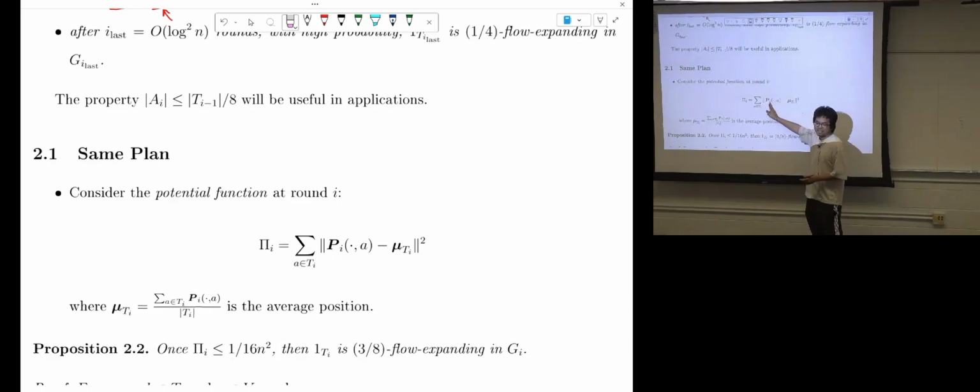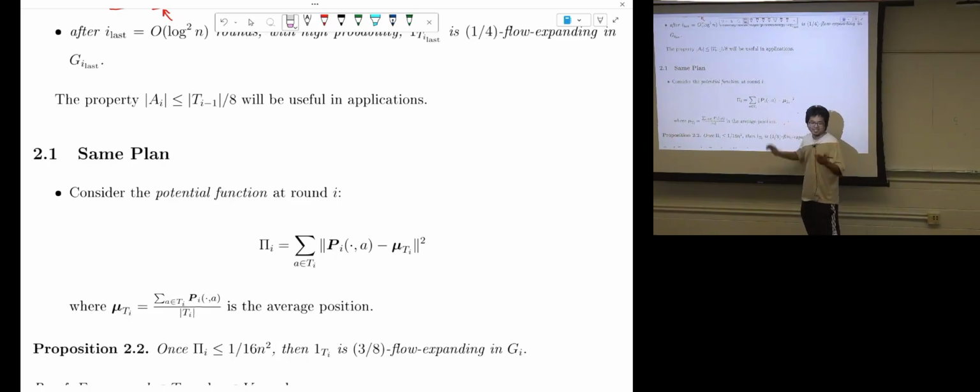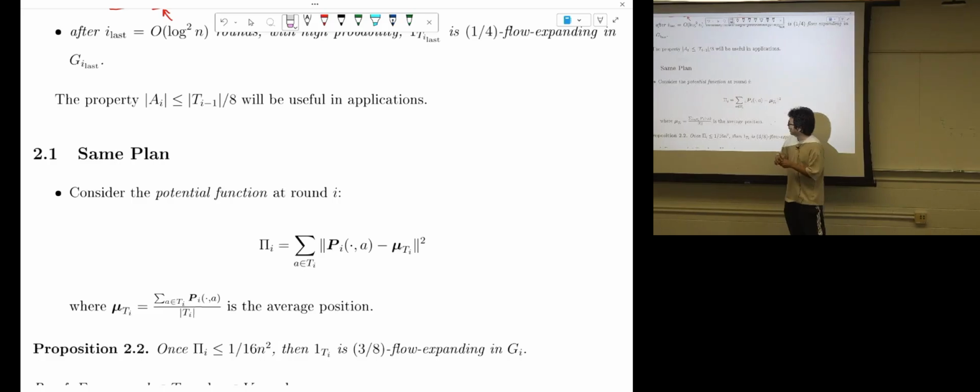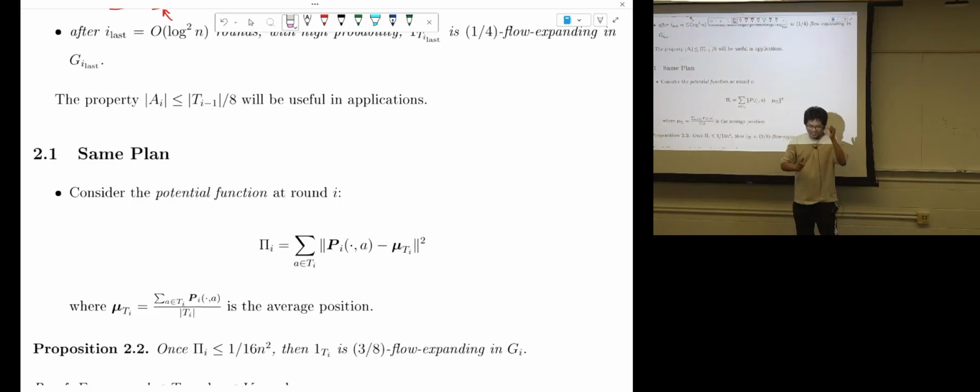Do you recall what PI is? It's the matrix where each entry PI UV is the probability that we go into node V starting from node U, when you start from U and end at V after i steps, with respect to one particular way to walk, which is the round robin walk.